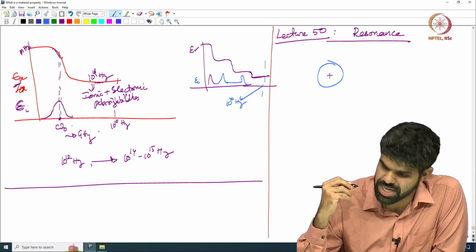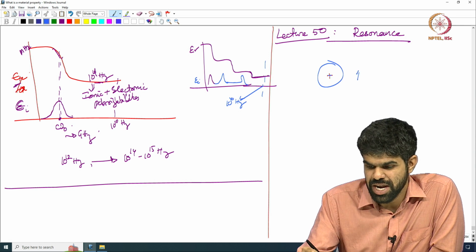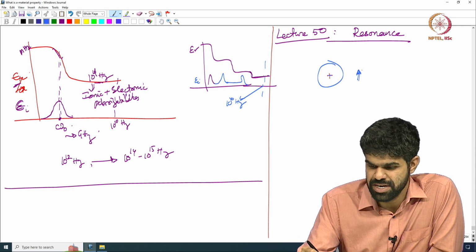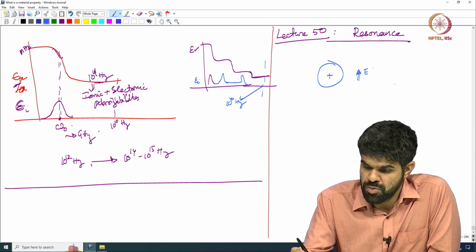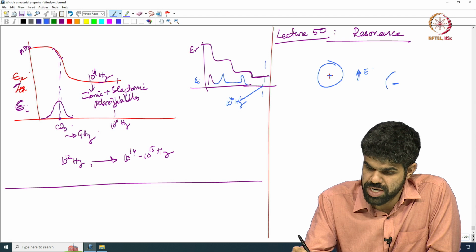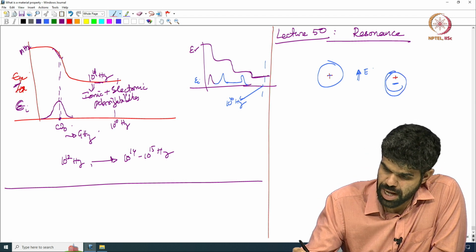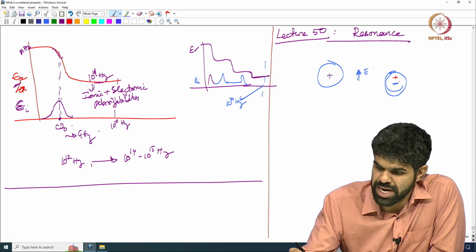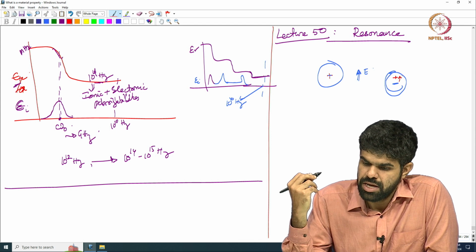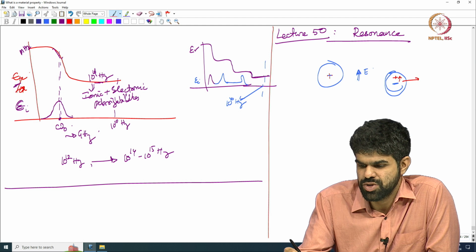Once I start applying an electric field, the electronic cloud moves down compared to the nucleus. So this is the center of mass of the electronic cloud, this is the center of mass of the nucleus, and I am creating a dipole, or polarizing this atom. So this is the electronic polarizability.